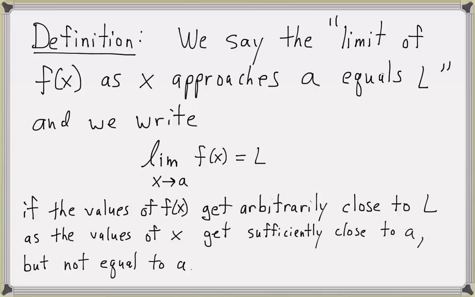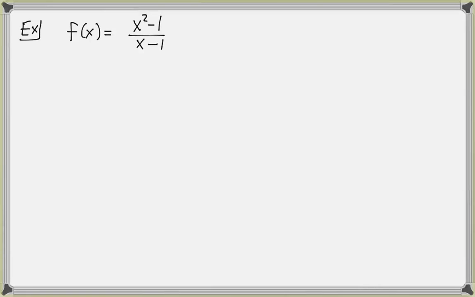So let's think about this definition. If you look at the graph of a function, the y-coordinates of points on the graph are the function's values, f of x. So we're saying that if you're looking at a graph, when the x-coordinates get closer and closer to some value a, if the y-coordinates, the function's values, get closer and closer to some number L, then we say the limit of f of x as x approaches a equals L. So consider our first example function, f of x equals x squared minus 1 over x minus 1.